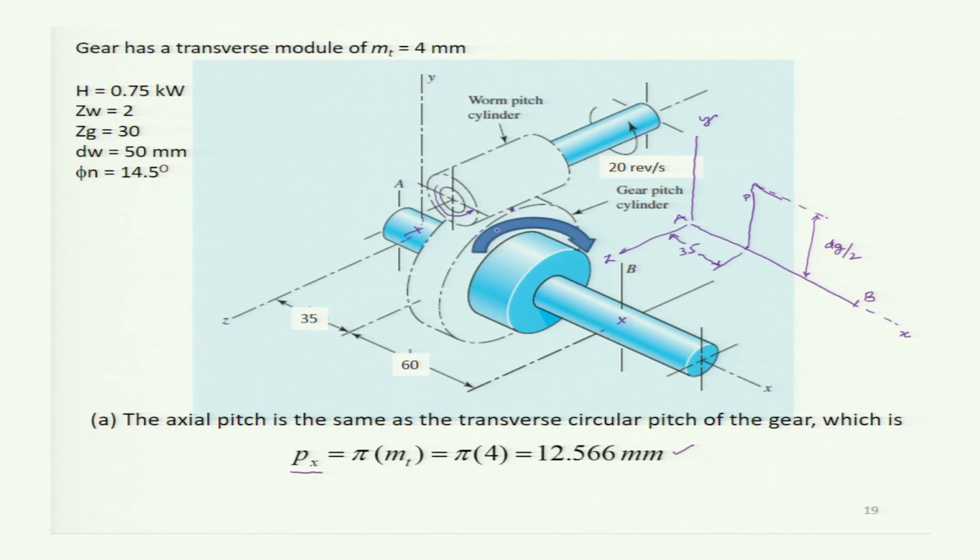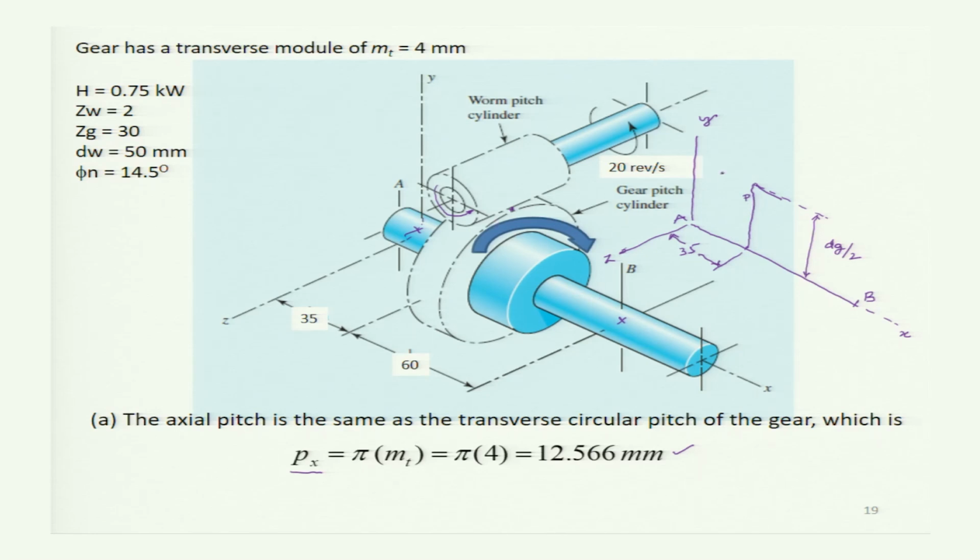So on the gear, it will act in the direction of positive x, and that will become the axial force for the case of gear. Okay. So for the case of gear, because this axis is the axis for the gear, the forces taken will be those acting on the gear.